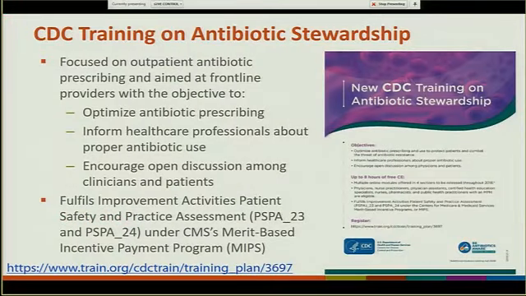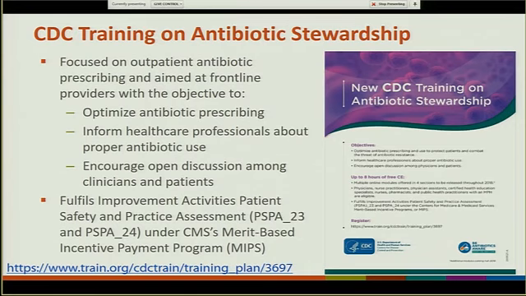And lastly, education, next slide. This is focused on just general stewardship, and I wanted to highlight that last year we released CDC training on antibiotic stewardship. It's mostly focused on antibiotic prescribing in the outpatient setting, but there is a section, the first section, is an overview of antibiotic stewardship, and then it really focuses on many of the infections seen in the outpatient setting, but then it wraps up with a 1-hour lecture on hospital and ED stewardship, as well as another hour on nursing homes.